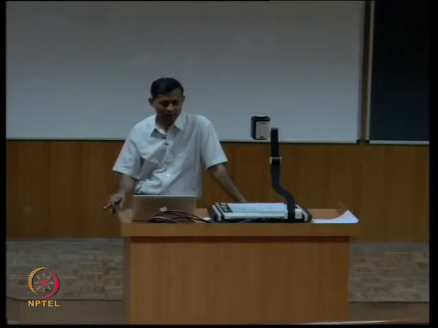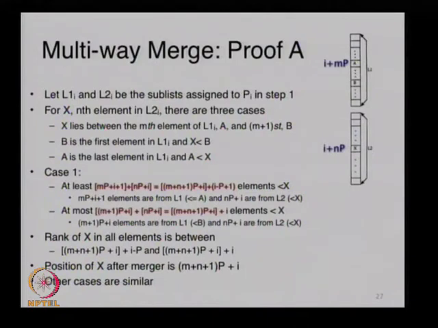So we'll only consider case 1, which is X lies between a value A and a value B. And so we want to know how many elements are going to be less than X, but it's turned out to be too small.